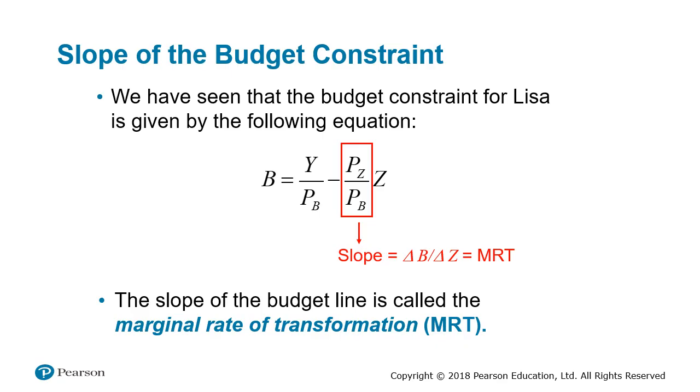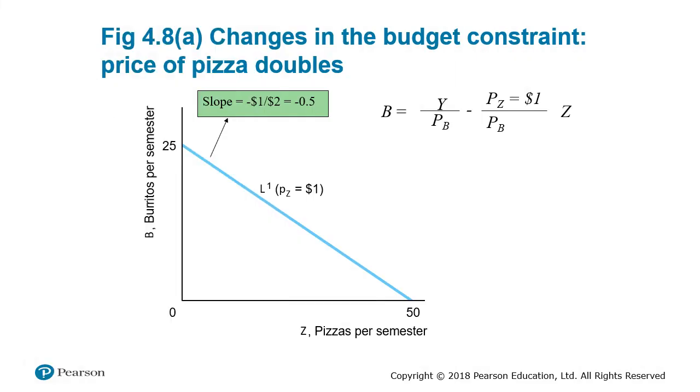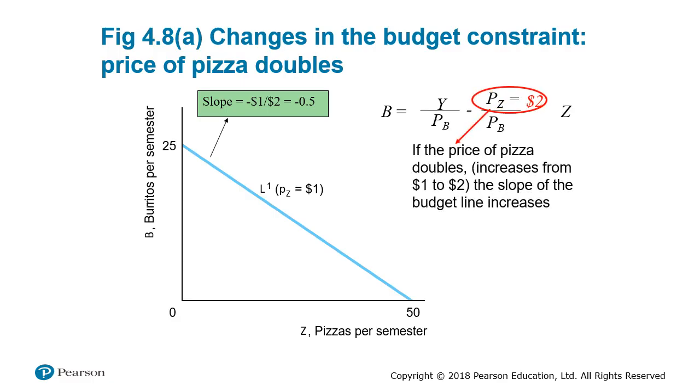Let's see what happens when the price of either good changes or if Lisa's income changes. First, let's focus on a price change. Let's say that the price of pizza doubles from our initial starting point. If the price of pizza doubles to $2, it's going to change the slope of the budget line.